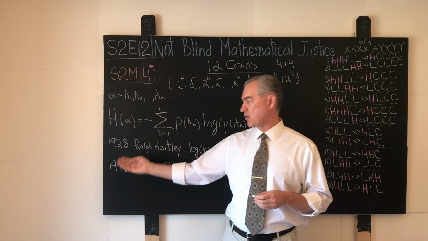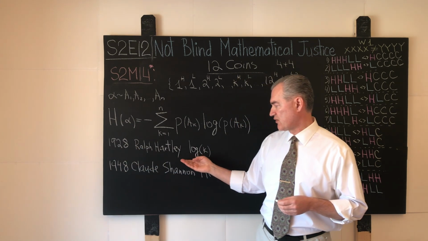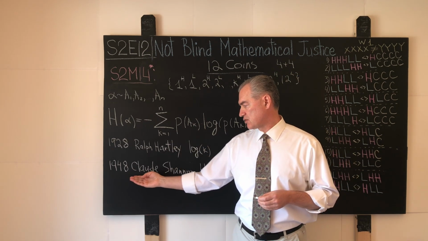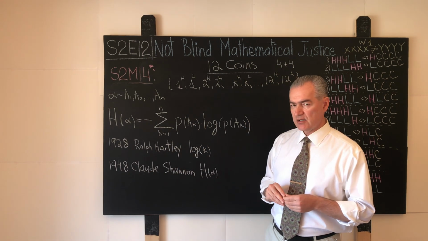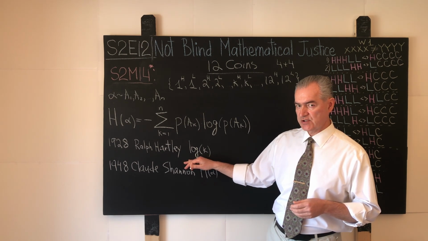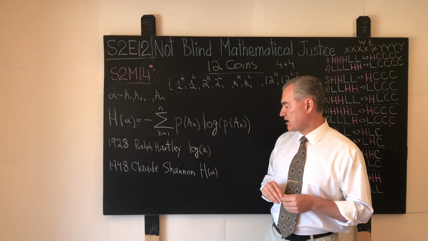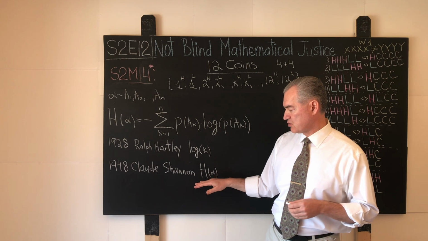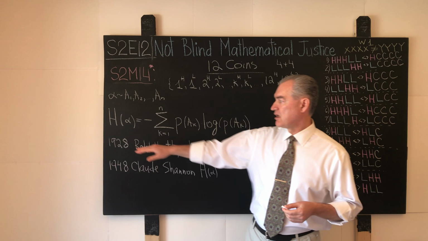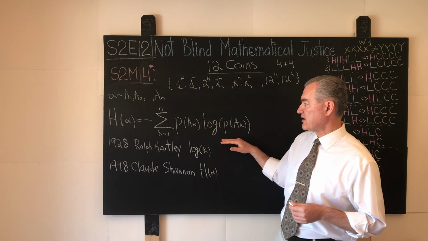And later on, 20 years after the introduction of the notion of logarithm of k by Hartley, another American named Claude Shannon suggested that this uncertainty measured in terms of logarithms is not very precise. It can be improved, and he introduced basically the notion of what we now refer to as information entropy. The formula shown over here looks a little bit scary, but it's not that scary.